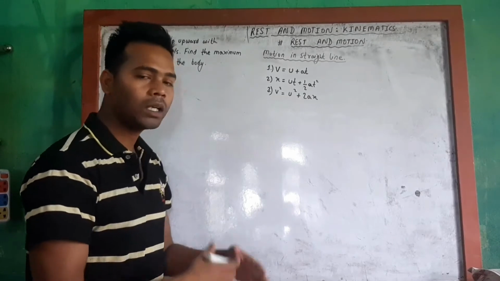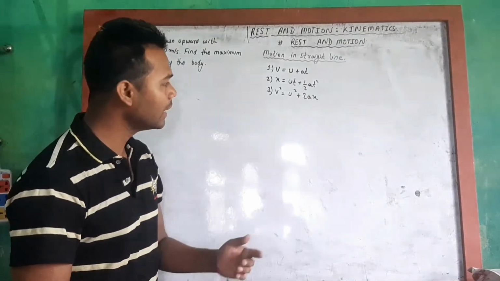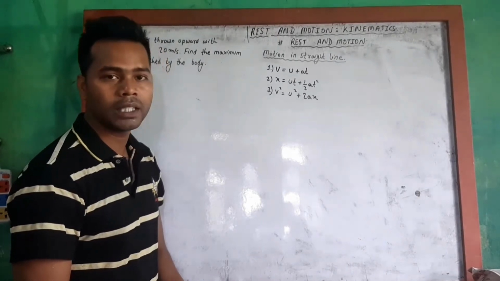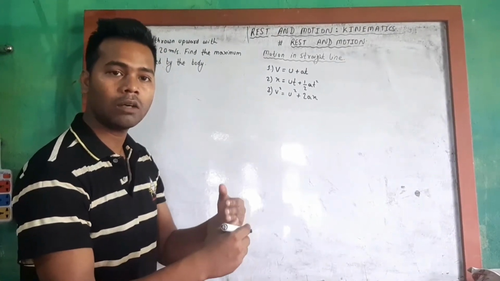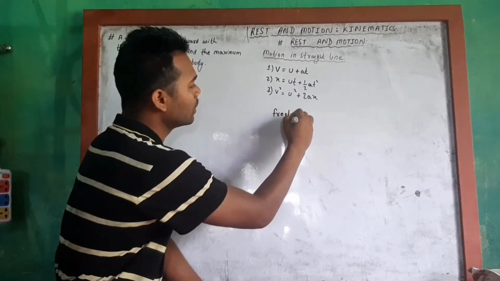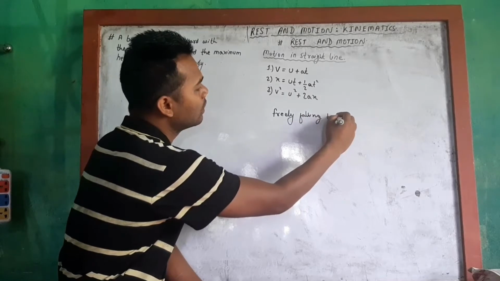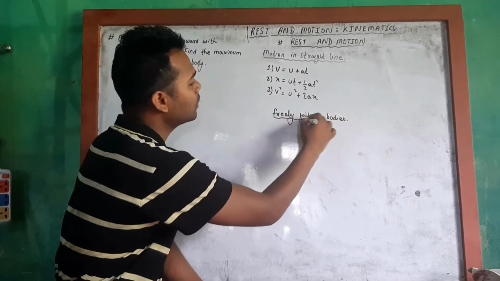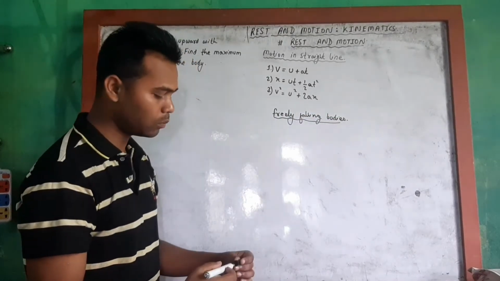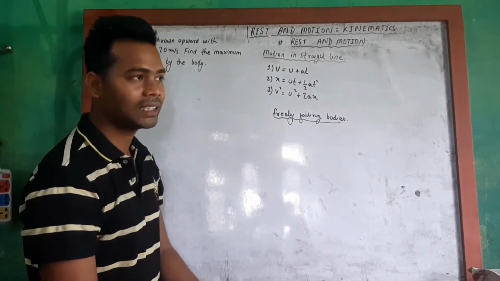And one of the simplest examples of a body moving in a straight line is the motion of a freely falling body. Freely falling bodies near the earth's surface can be considered as motion in a straight line with constant acceleration.